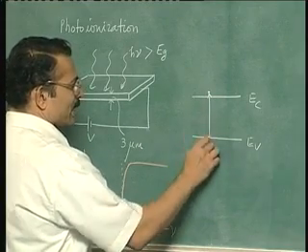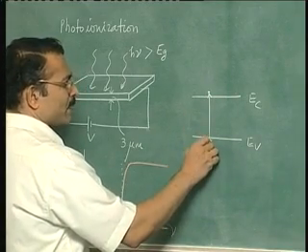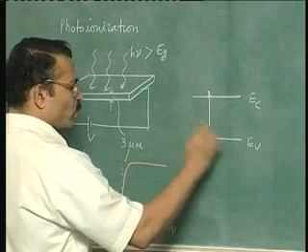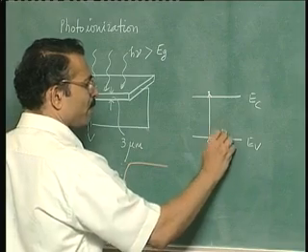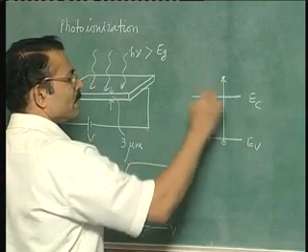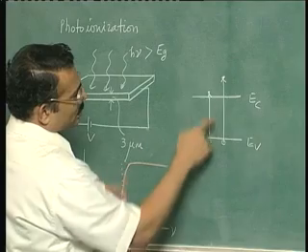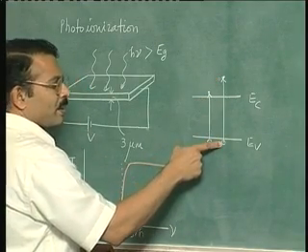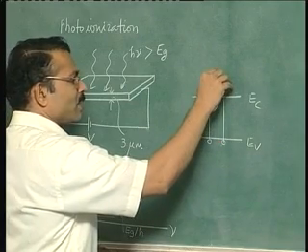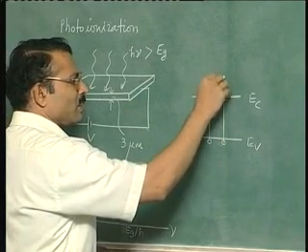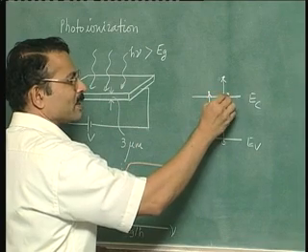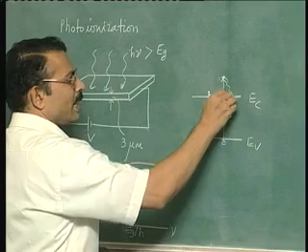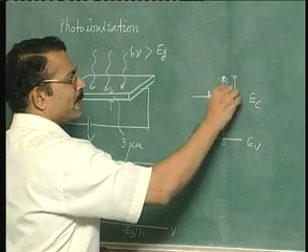So if Eg is the energy of the photon, the entire energy is used up for creating the electron hole pair. If however the energy of the photon is more than Eg, then the electron is going to jump up to some other energy here, where the difference between this energy and this energy is the energy given by the photon, and then this free electron will relax to this particular energy state close to the Ec, okay, and this energy will be dissipated as heat.